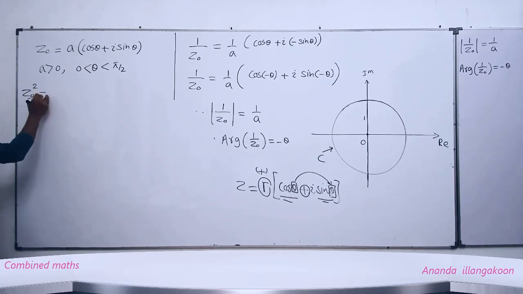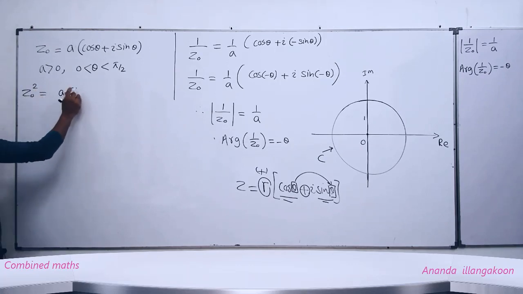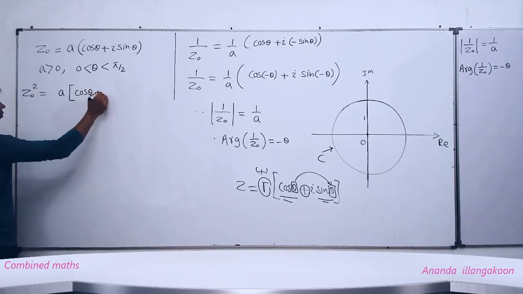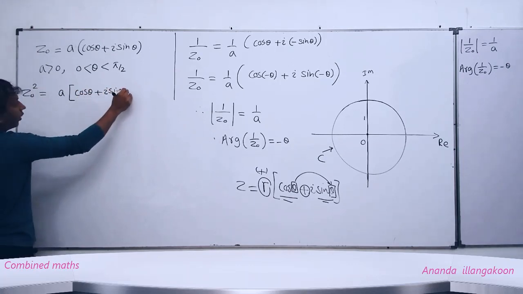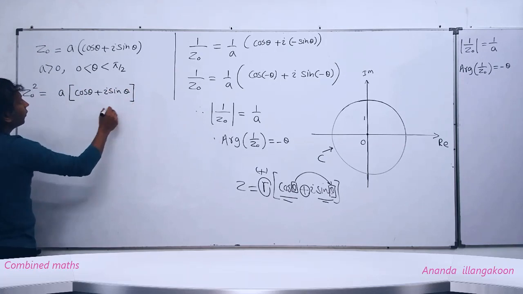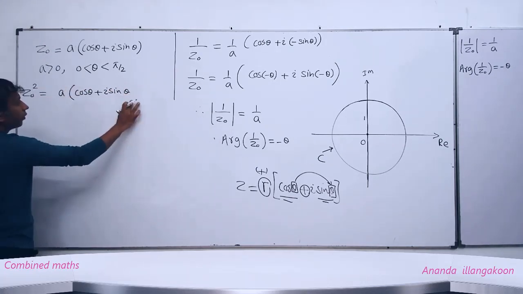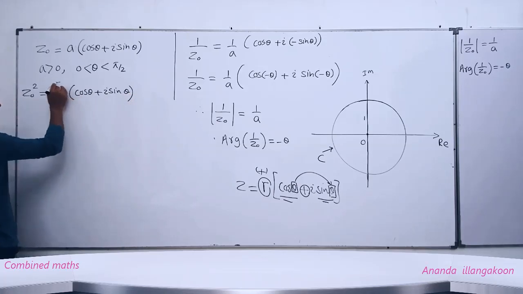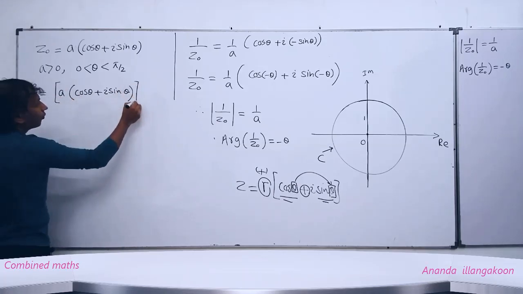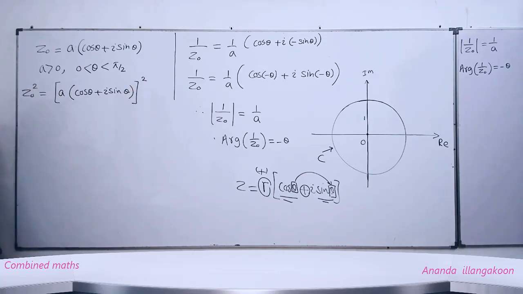Z0 square means A times (cos theta plus I sin theta) perfect square, right? So then we get Z0 square is equal to A square.